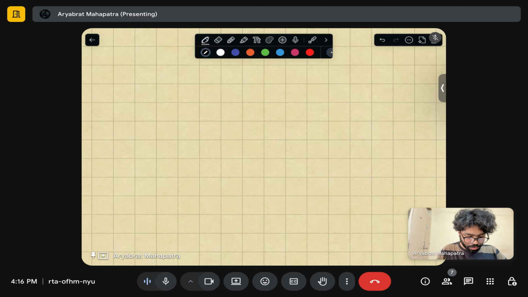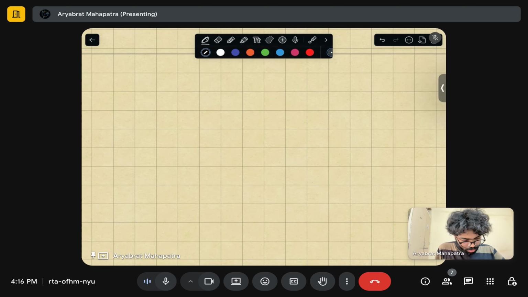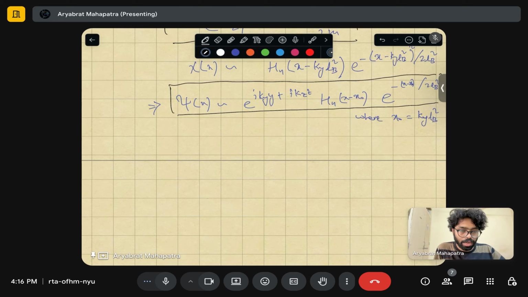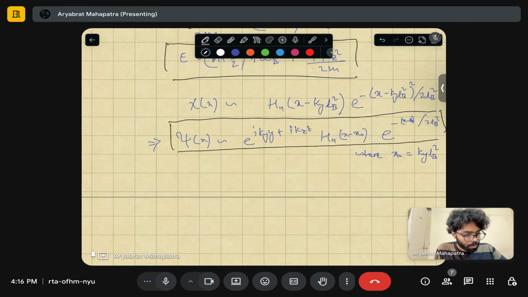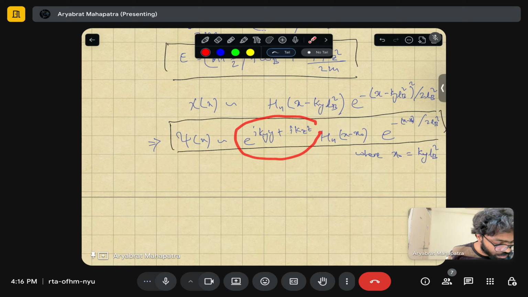But if you want to see one interesting thing right here, it is not completely a harmonic oscillator system. You are seeing that the dynamics follows a similar pattern to the harmonic oscillator, other than, for example, if you look into this wave function and the wave function of the harmonic oscillator, the only difference you will find will be this factor, which you do not get in the harmonic oscillator system.